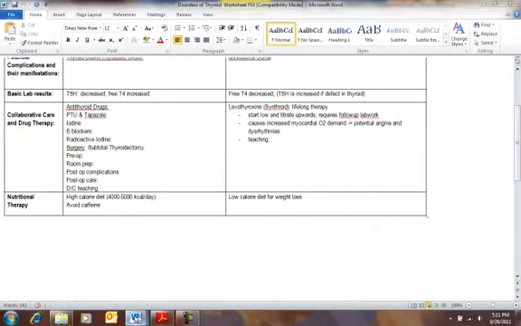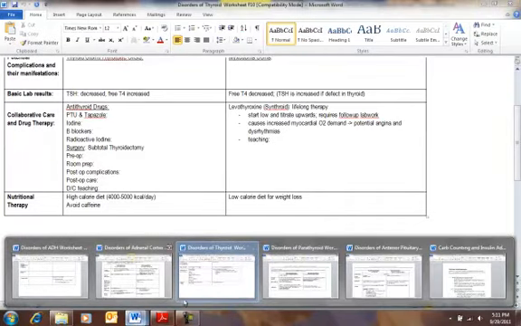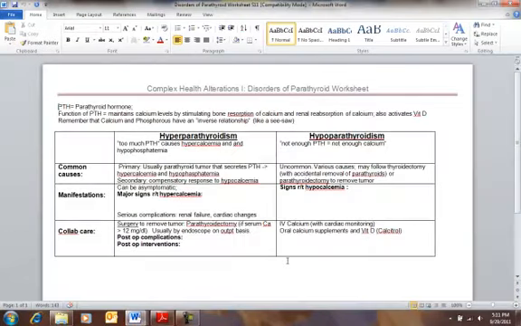And last but not least, just want to mention, as we talked about, especially with patients who had thyroid surgery, can end up with hypoparathyroidism if those parathyroid glands are removed. As you remember, parathyroid glands release the PTH hormone.